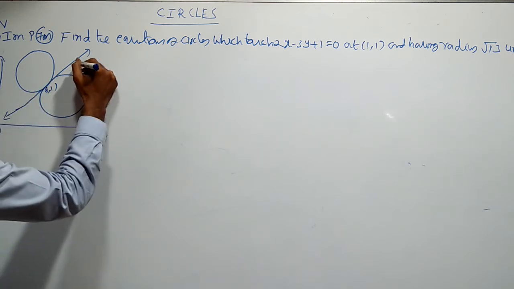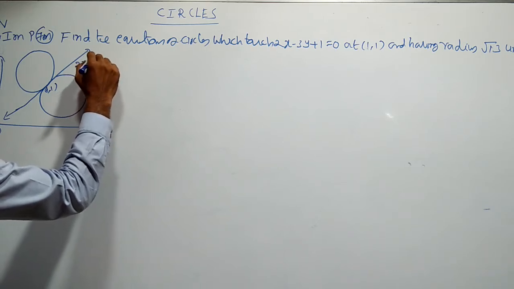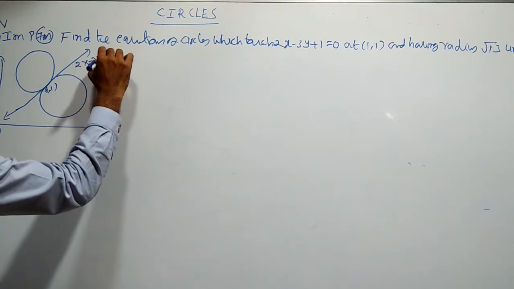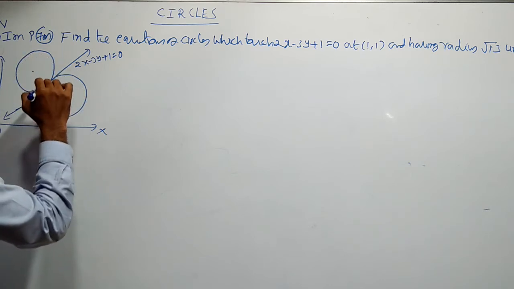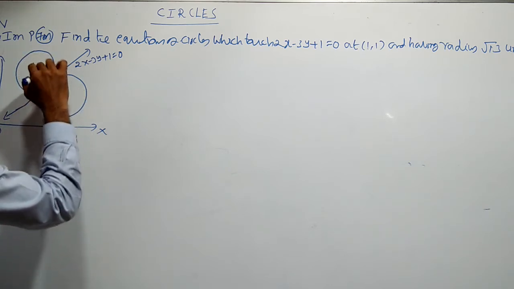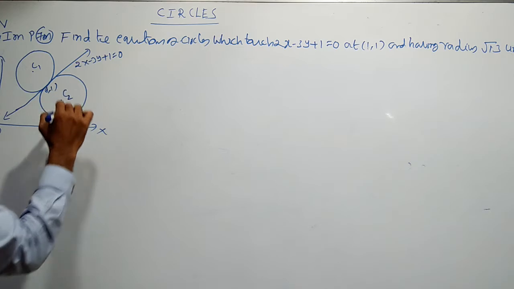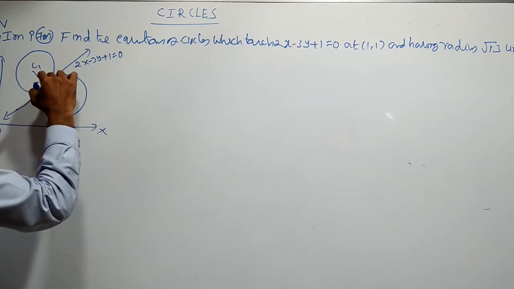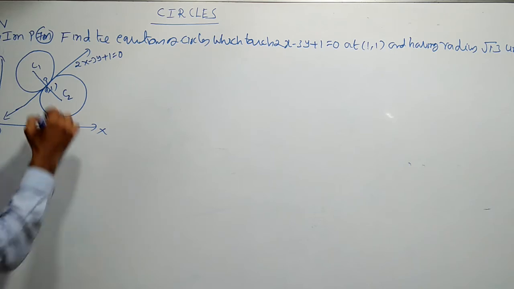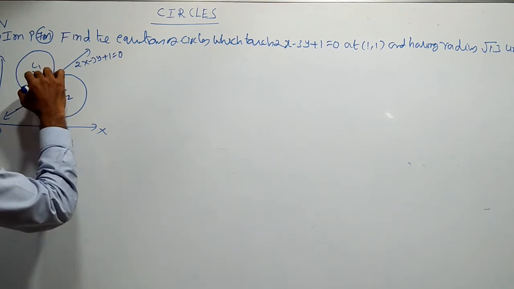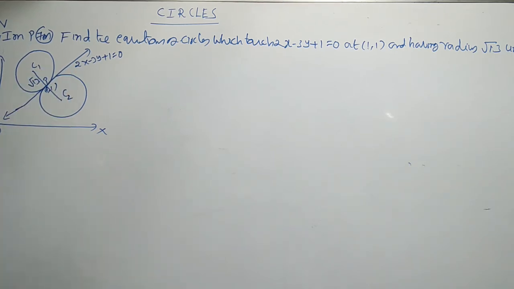The line 2x minus 3y plus 1 equal to 0. Here put circles C1 and C2. He is asking circles. Draw the line like this. Put here, this is P. C1P is equal to R, C1P is equal to root 13.